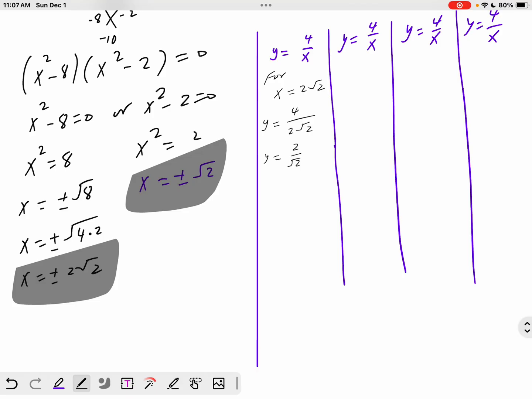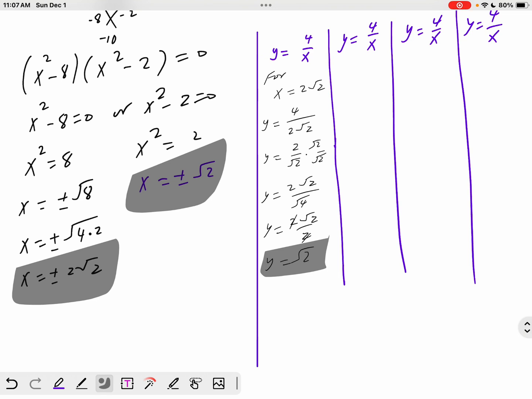If you rationalize the denominator, multiply by root 2 over root 2. So this is 2 root 2 divided by root 4. This is 2 root 2 divided by 2. 2 and 2 cancel. So y equals root 2. That is your y value when x is 2 root 2.